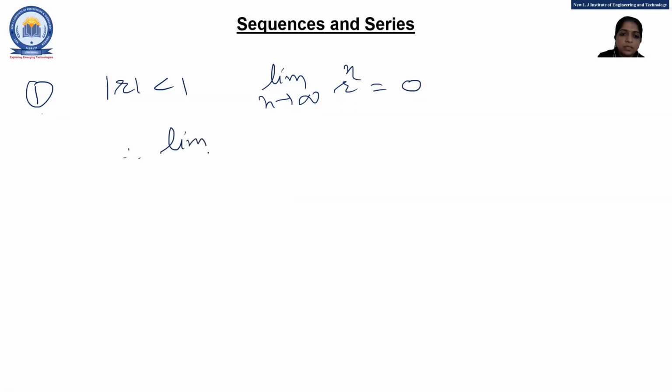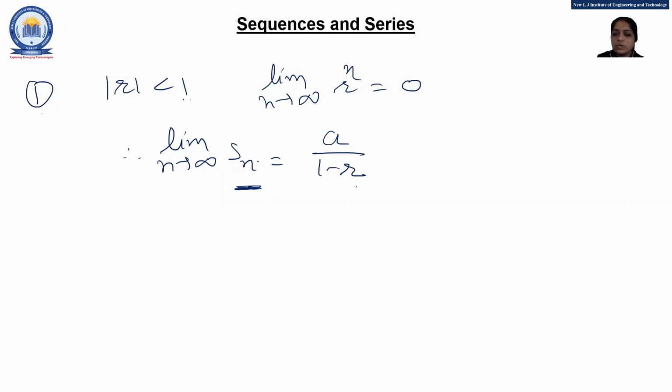Therefore, limit n tends to infinity, Sn is just a upon 1 minus R. So students, please keep in mind, if your ratio is less than 1, Sn, the sum of the first n terms, is just a upon 1 minus R. I repeat again, when your ratio R is less than 1, then R raised to n tends to 0.